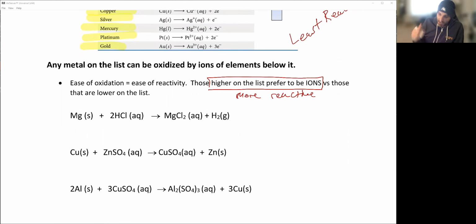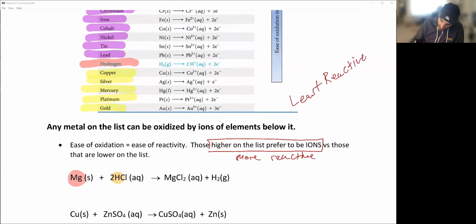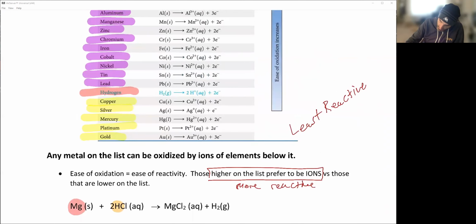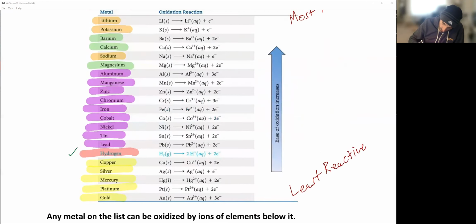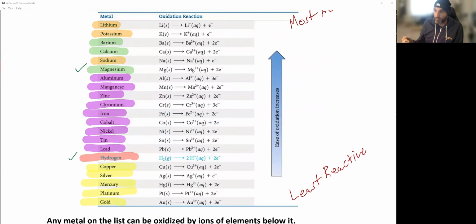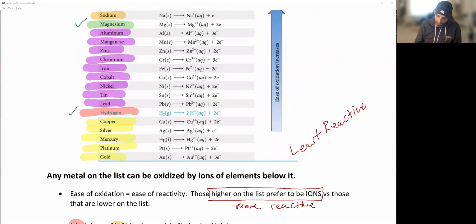What this means is if I'm looking here and I have magnesium and I have hydrogen, let's find magnesium and hydrogen on the list. Here's my hydrogen, and here's my magnesium. Which one is higher on the list? Magnesium. Magnesium is higher on the list.